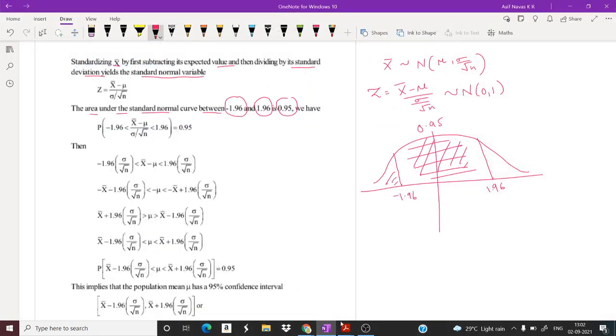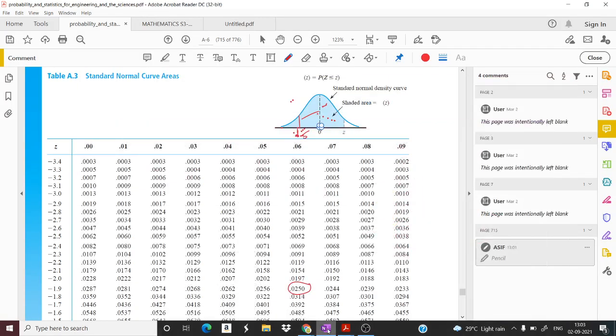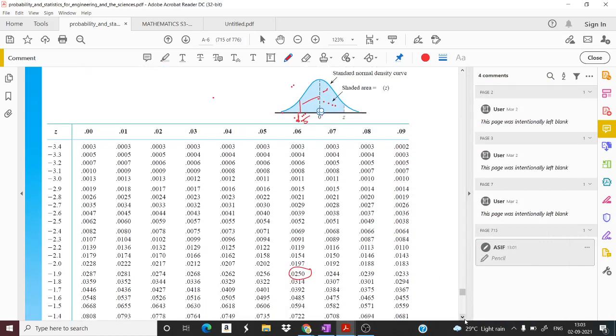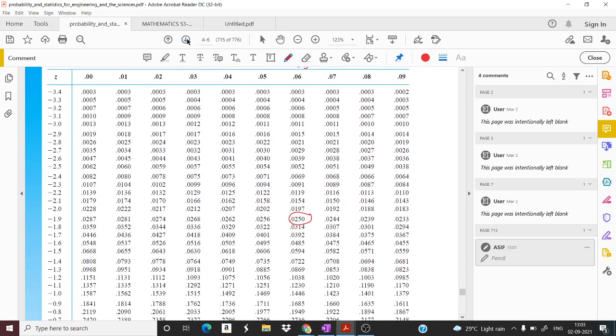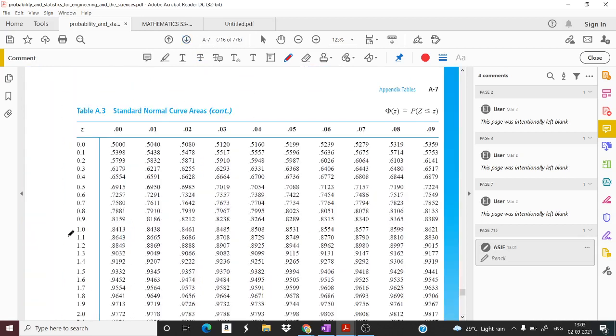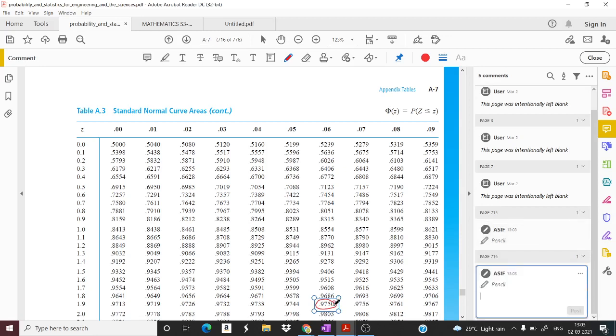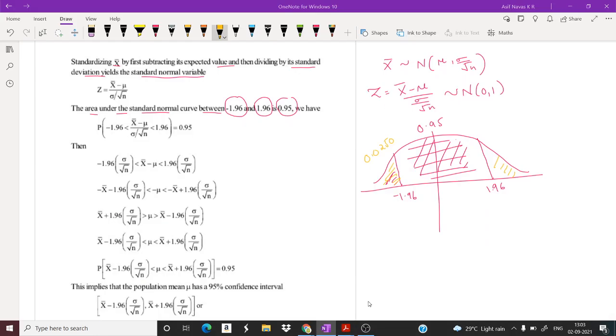So this area is 0.0250, and the remaining area, that means this area, is also 0.025.